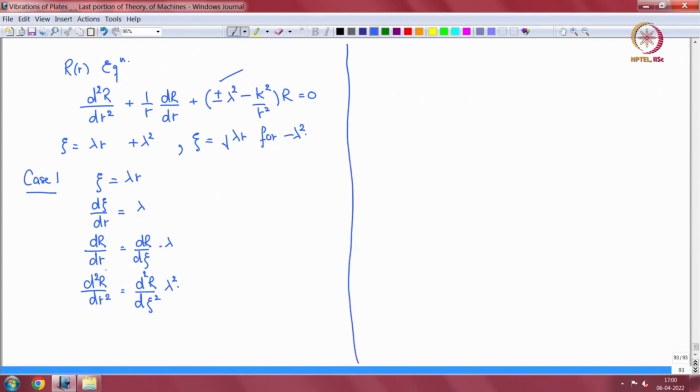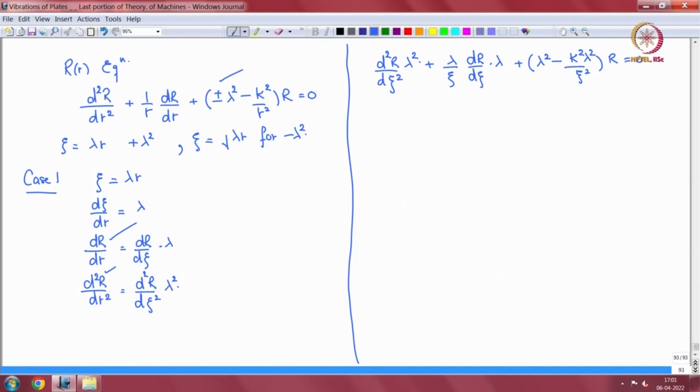I get d2R by dr square, which is d2R by d xi square lambda square, plus 1 over r, which is lambda over xi, dR by dr, which is dR by d xi into lambda, plus lambda square minus k square by r square, which is lambda square by xi square, into R equal to 0.